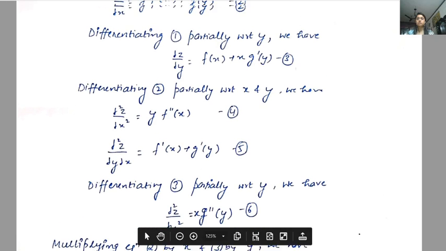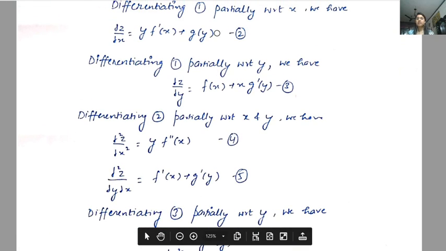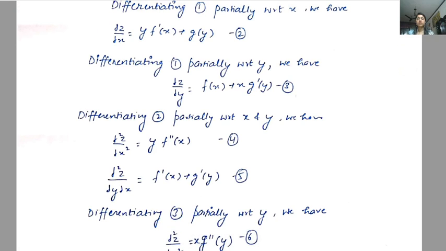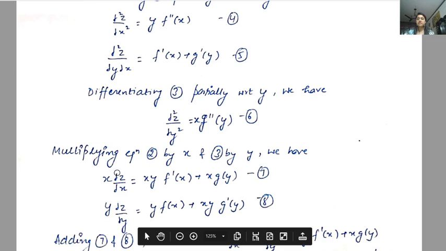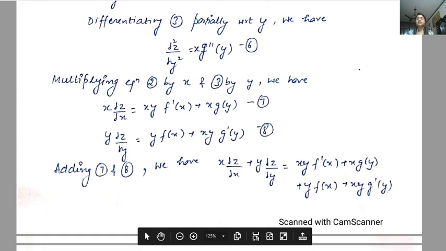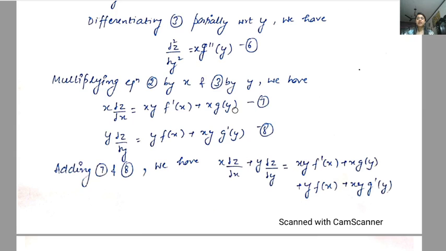This is equation 2. Multiply this by x and 3 by y, we have x into ∂z/∂x equals this, and y into ∂z/∂y equals this. Now adding equation 7 and 8, we have x ∂z/∂x plus y ∂z/∂y equals xy f'(x) plus x g(y) plus y f(x) plus xy g'(y).